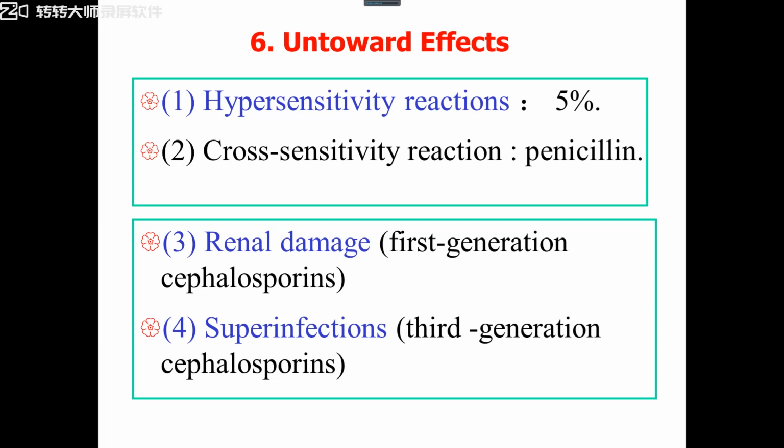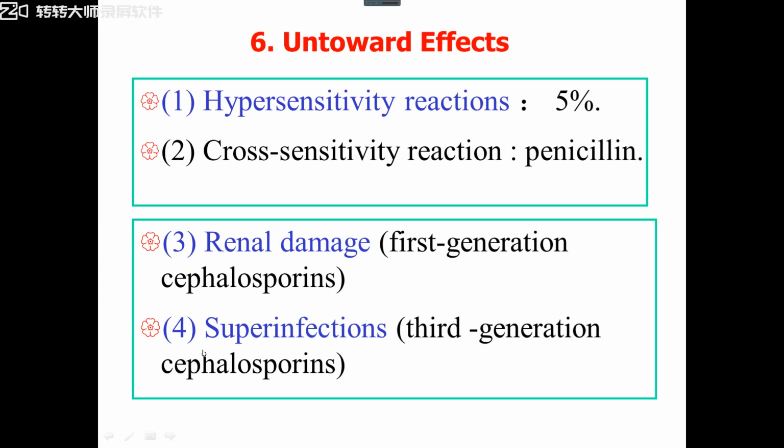The second point is if we give them, we couldn't use them long-term because these drugs cause renal damage. And we shouldn't co-administer these three kinds of drugs. They have obvious nephrotoxicity. Okay?